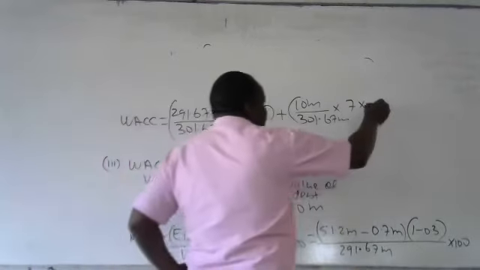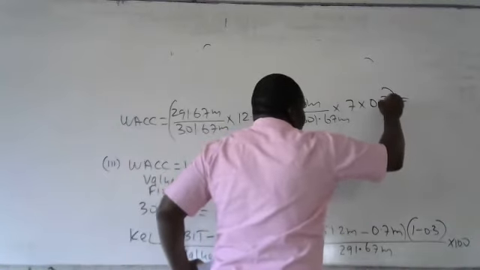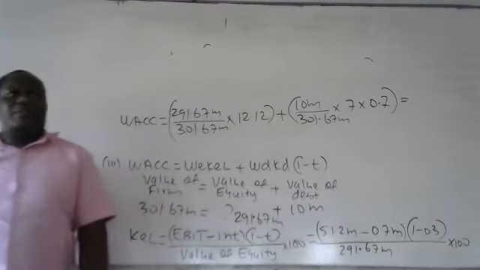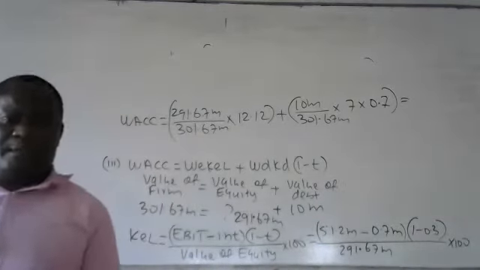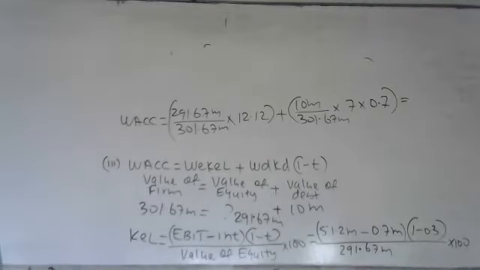So multiplied by 0.7, because now there is tax.